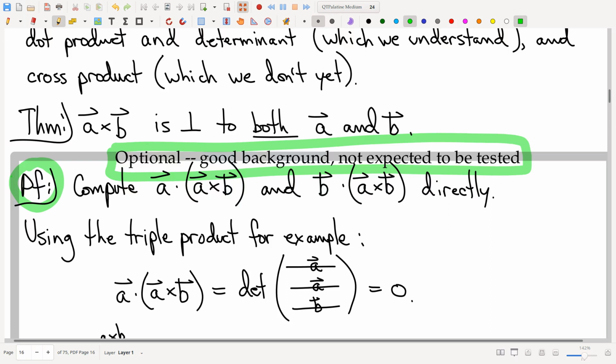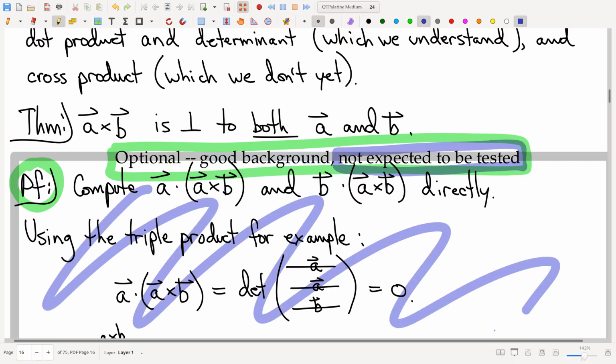But I have to decide how to spend class time. And this stuff doesn't make the cut. But since this is also not in the book, and it's sufficiently clever that I don't really feel comfortable asking you to walk through it either, y'all are not responsible for it. So I say not expected to be tested. So you don't have to look at these proofs, and we're not going to talk about these proofs.